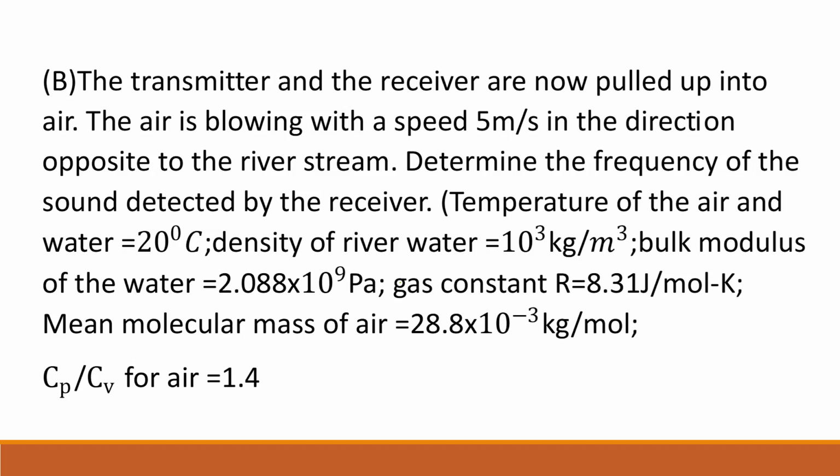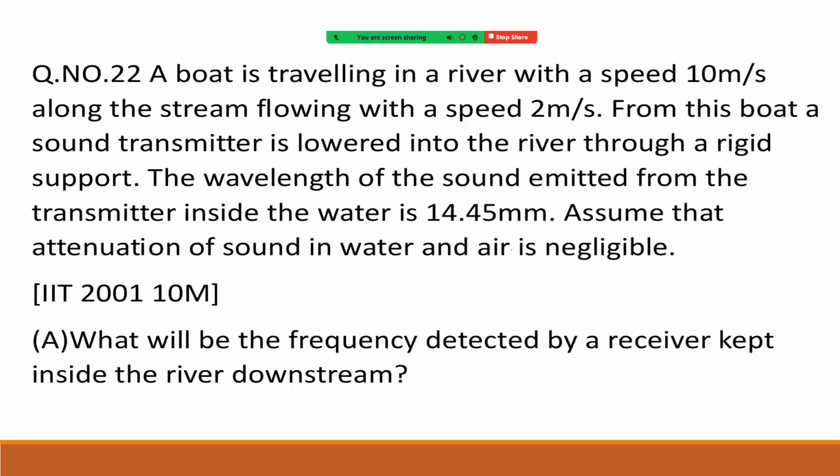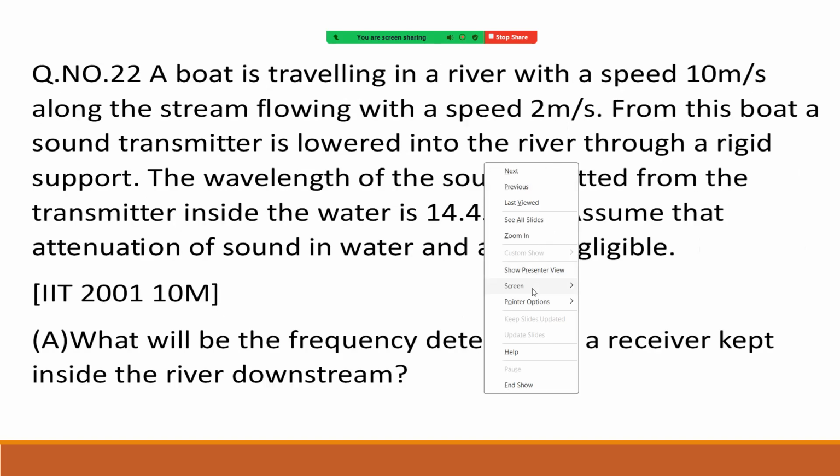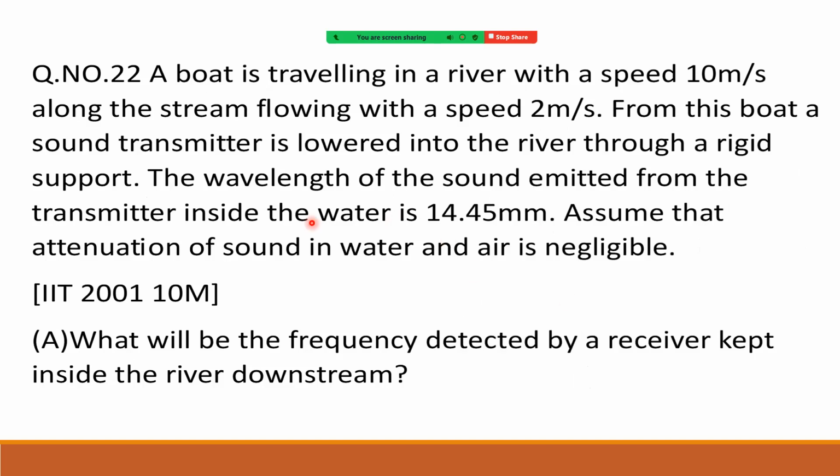The purpose of giving these two is the speed of sound in liquid. What we are given here is the wavelength, 14.45 mm. So first focus: what will be the frequency detected by a receiver kept inside the river downstream?